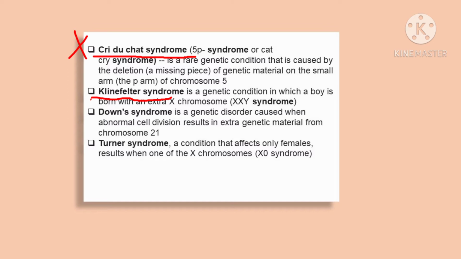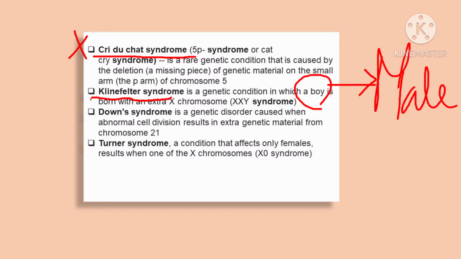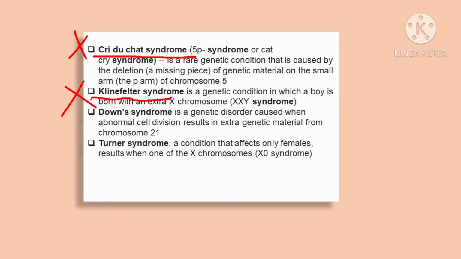A second option is Klinefelter syndrome. This is a genetic condition which occurs in boys. Again we can eliminate this answer, and this boy consists of an extra X chromosome, so he will have XXY. Then the next one is Down syndrome. It is a trisomy, a genetic disorder caused when abnormal cell division results in extra genetic material from chromosome number 21.